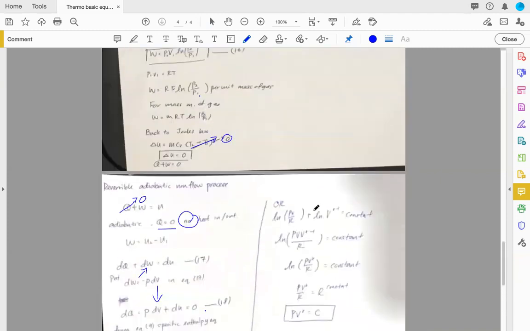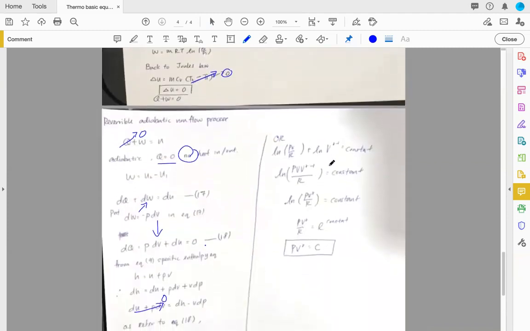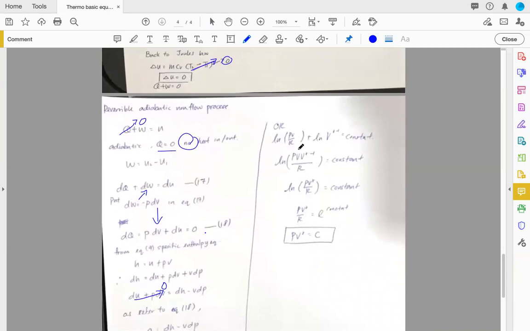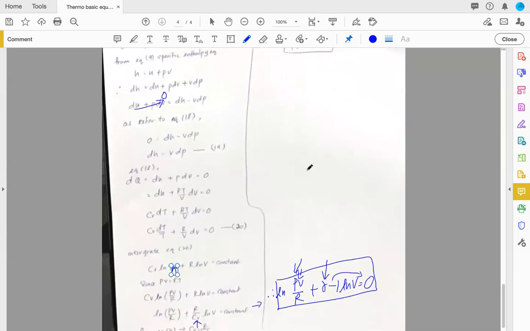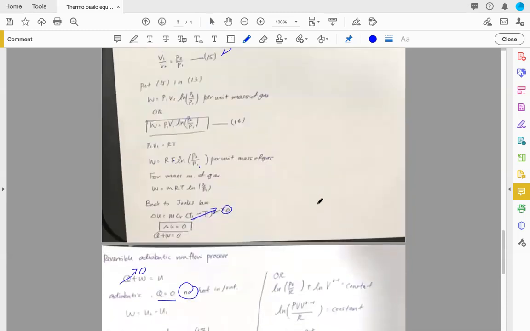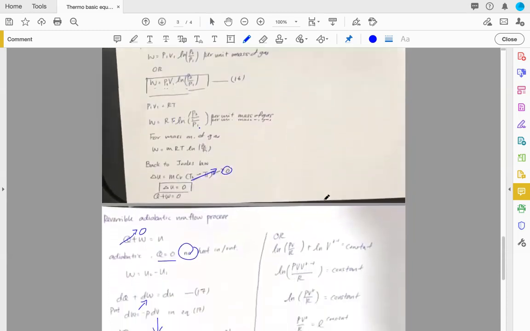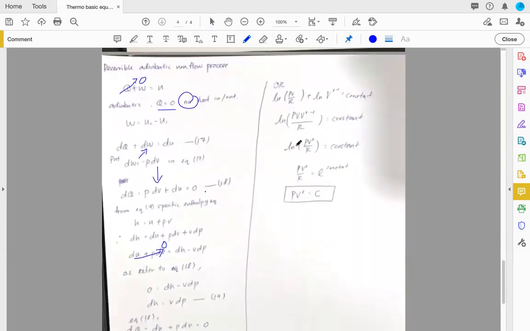Or just now we can use this equation. Then I have ln PV over R plus ln V to the power of gamma minus 1 equals a constant.